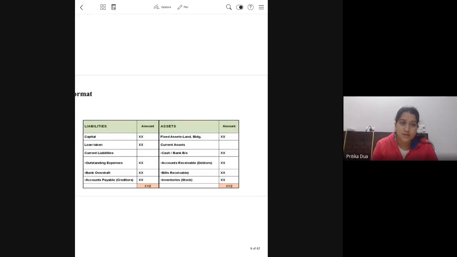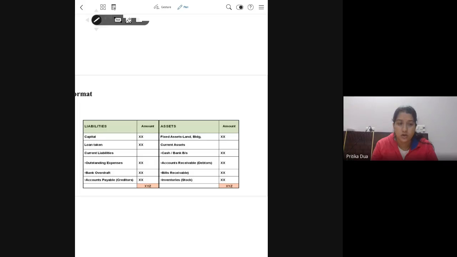On the left hand side, you have the liabilities, and on the right hand side, you have the assets. And when we are solving questions on final accounts, you can check your answer here itself. Both these sides should have the same total.